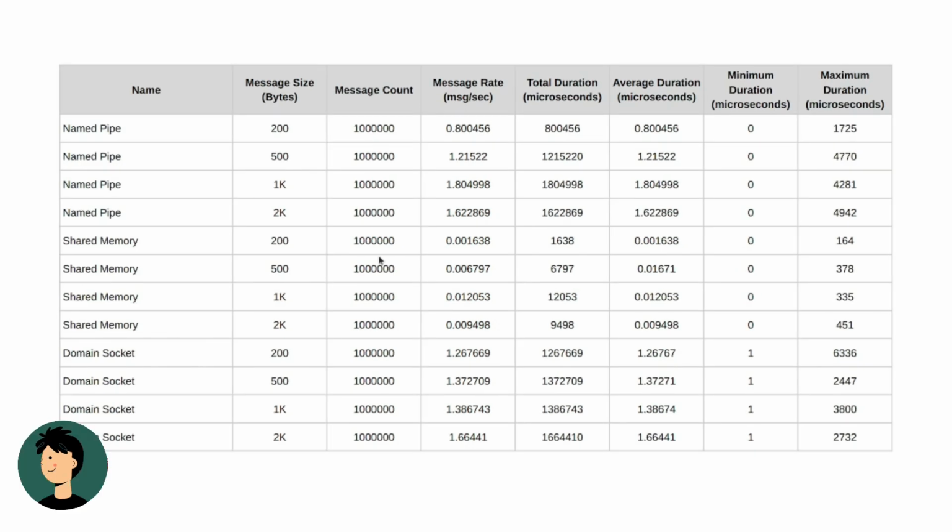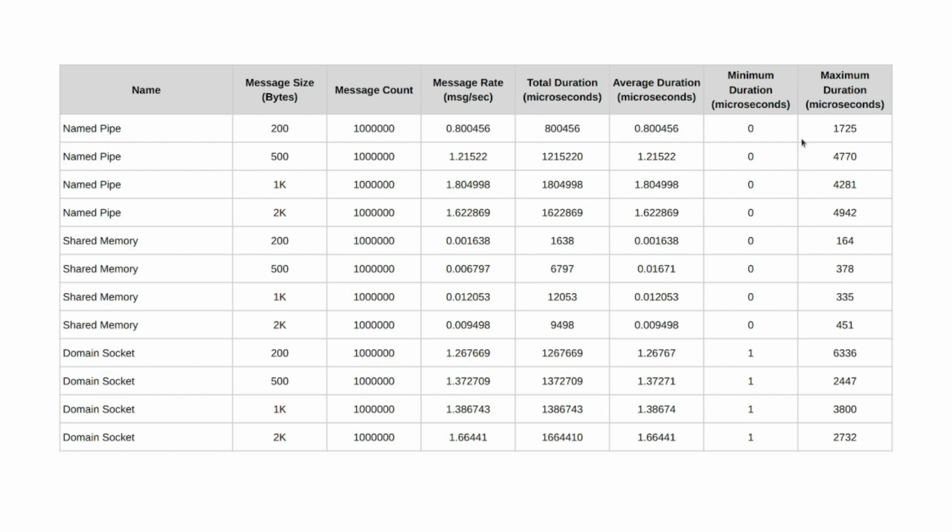Okay, so we ran the project, we ran the script, the main function, with different message sizes, and as you can see, the iteration count is the same, and these are the results. So we ran the main function for 3 different message sizes, and you can see the message rate during this number of iterations, and the maximum duration of transmission of the data.